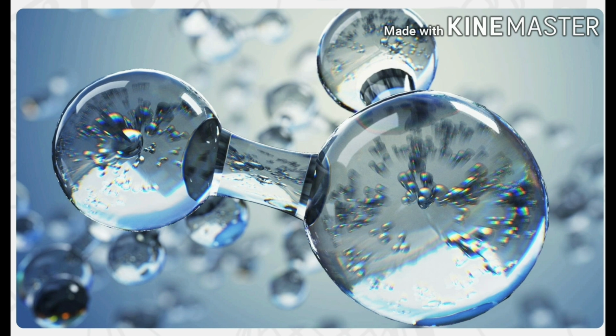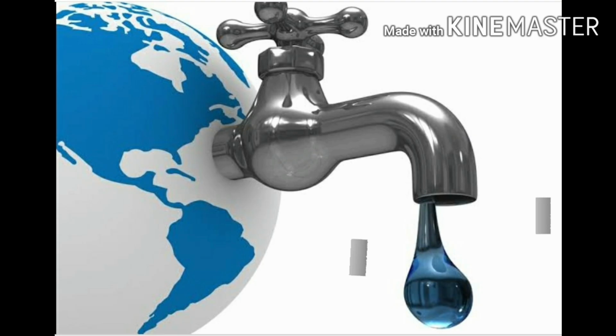Now water is very precious, and as water dissolves the maximum of solutes in it, whether solid, liquid or gas, it is known as the universal solvent. Because it dissolves maximum substances, it is very precious, and it is important for the existence of life, whether plant, animal or human beings on earth.